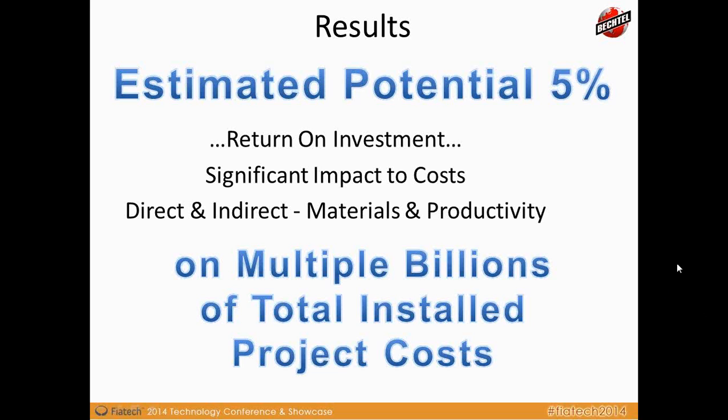So the estimated potential on Curtis Island of 5%, which is directly a result of the labour improvements to the materials and productivity. If you think about 5% on multiple billions of total install project costs, which are equivalent to lump sum contracts for Bechtel, then we're in very good shape in terms of proving the ROI.